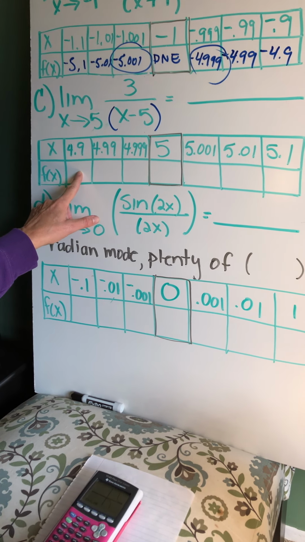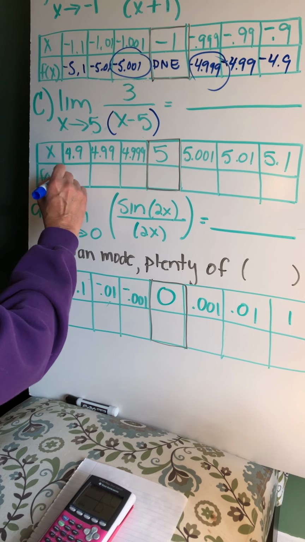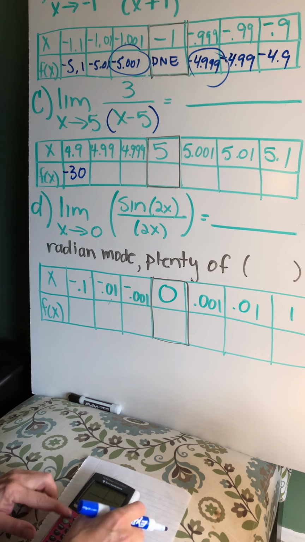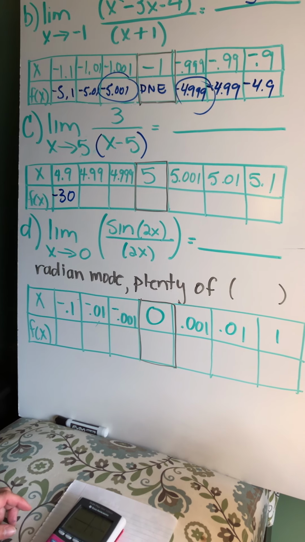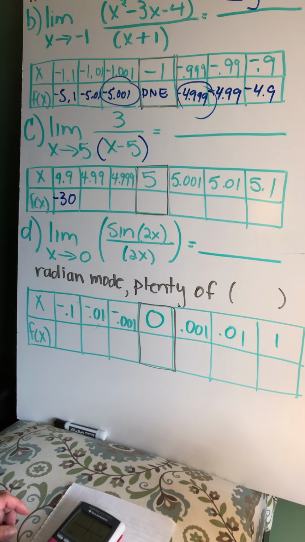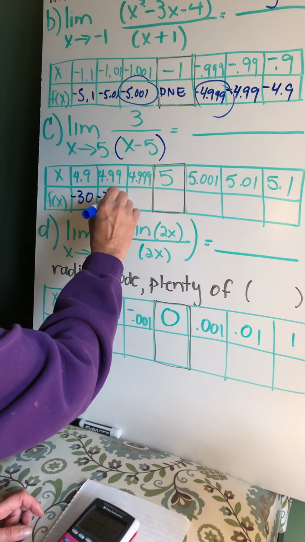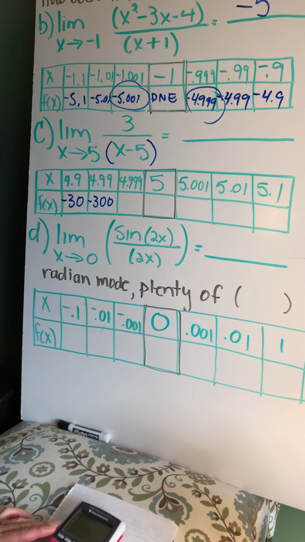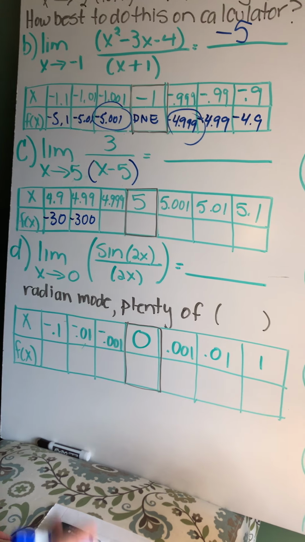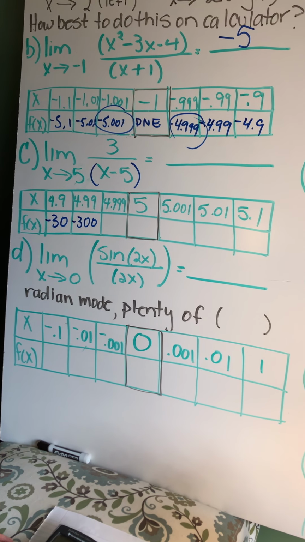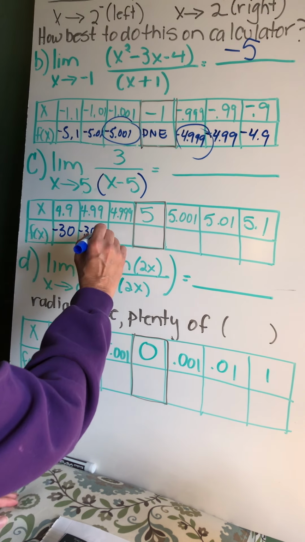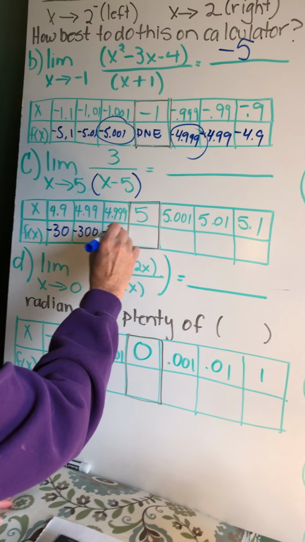At 4.9, the value of the function is -30. Whoa, -300. At 4.999, -3,000. Wow. Take a look there.